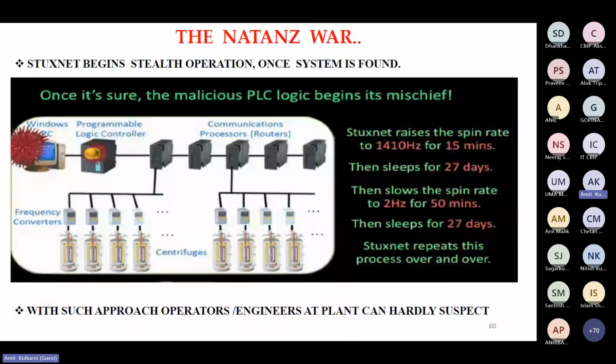Coming back to this discussion, the centrifuges had the function of separating uranium isotopes so that the enriched uranium can be further used for nuclear reactors or nuclear weapons.